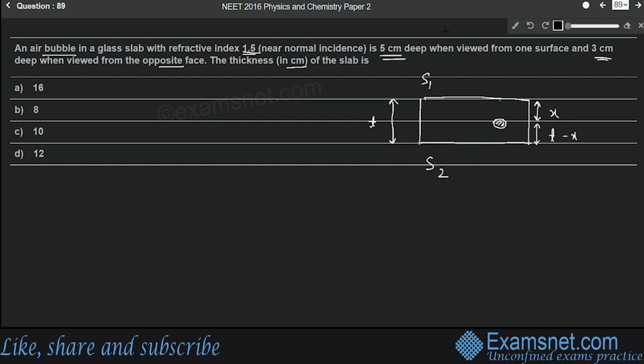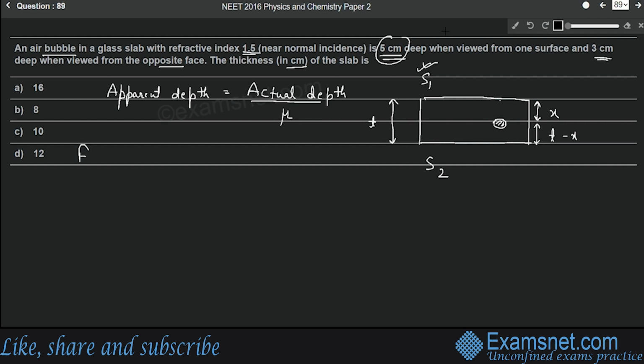Now it is given, then when viewed from one surface, let's say surface 1, then it seems to be at 5 centimeter deep, and we know that the actual depth will not be seen, okay. The apparent depth that will be experienced by the viewer will be equal to the actual depth divided by the refractive index of the medium, right?